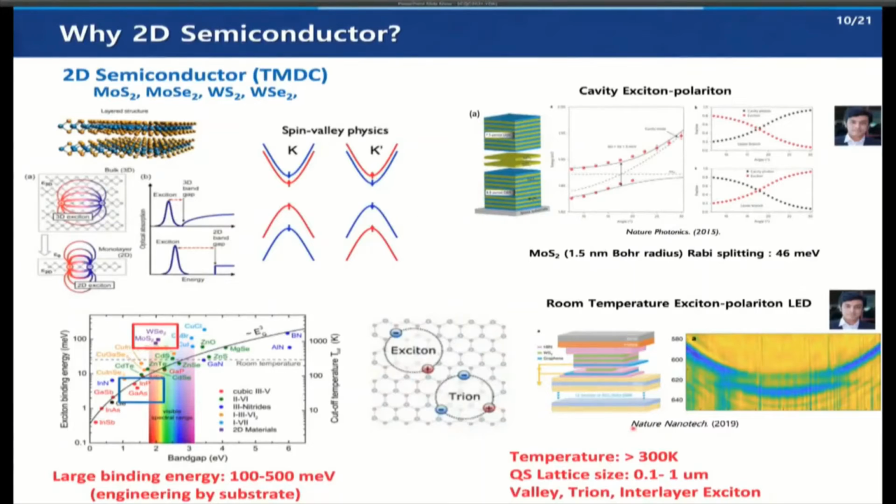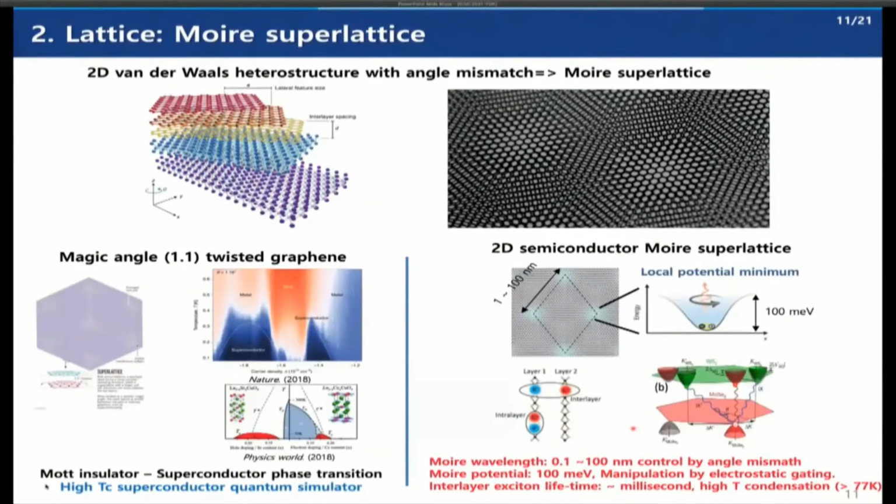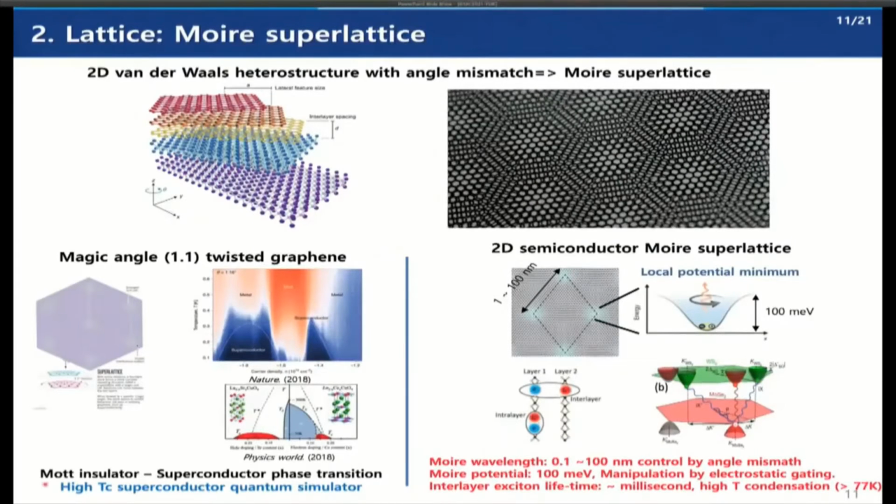We need a lattice in our system, so we will use the Moire lattice. 2D materials are very free to form heterostructures without any restriction from lattice mismatch, and we can even control the angle between the two layers.